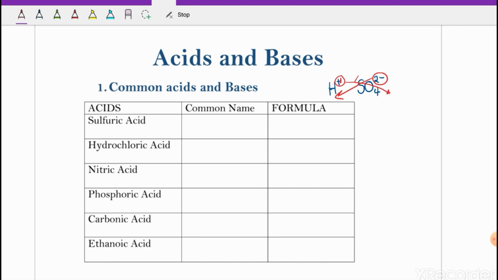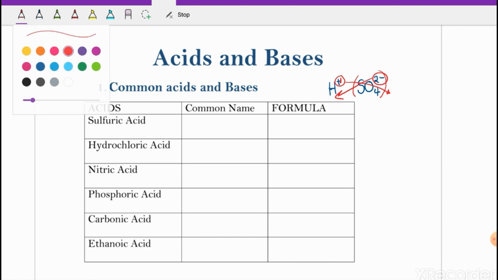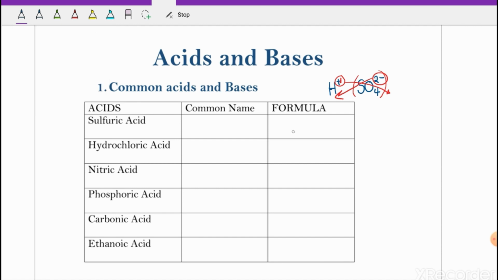But remember, this is a polyatomic ion, so you're going to keep that in brackets. So when you write your final formula, it's just going to be H2SO4. And that's going to be the formula for sulfuric acid.